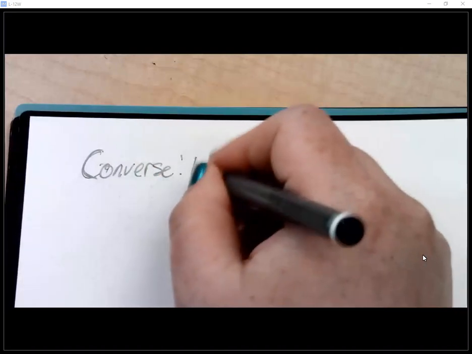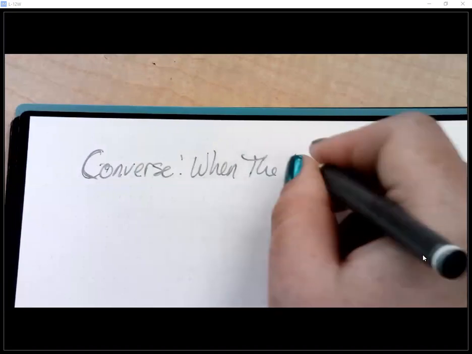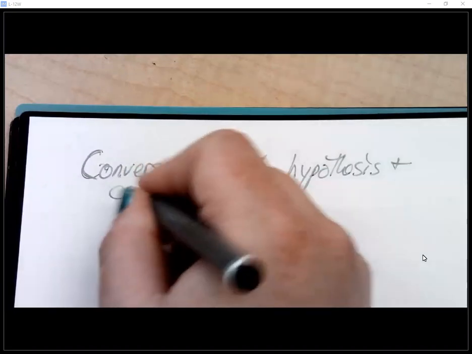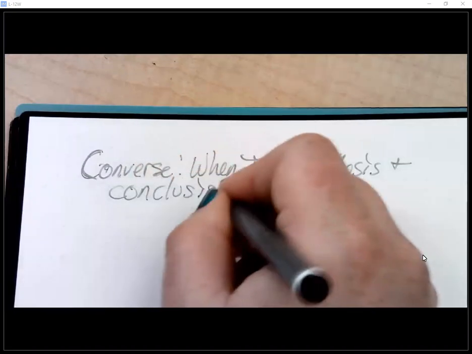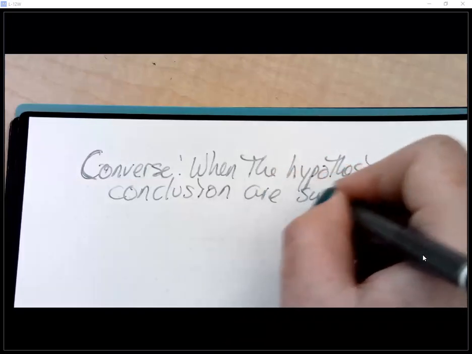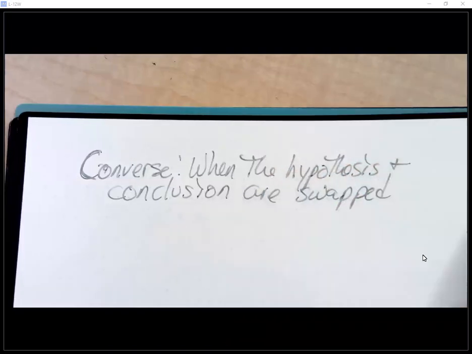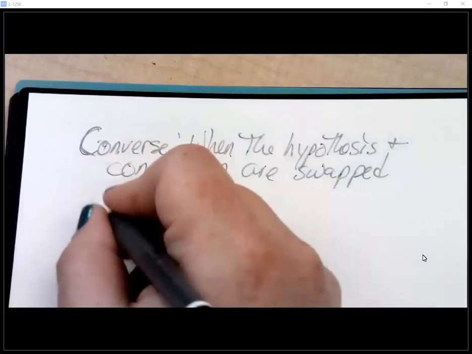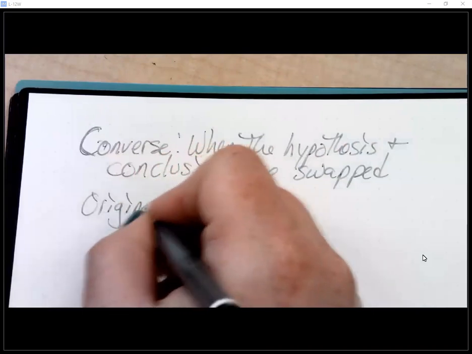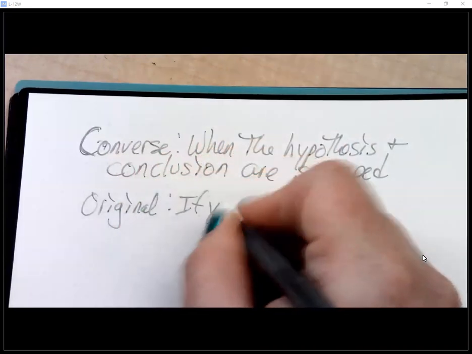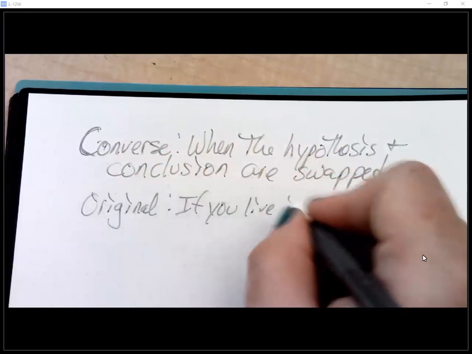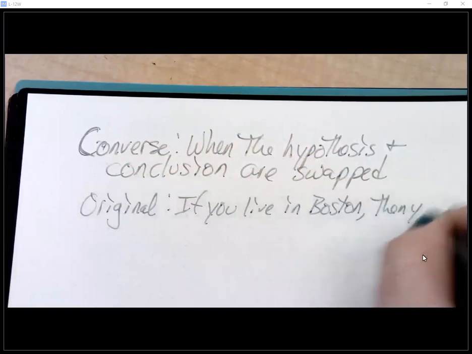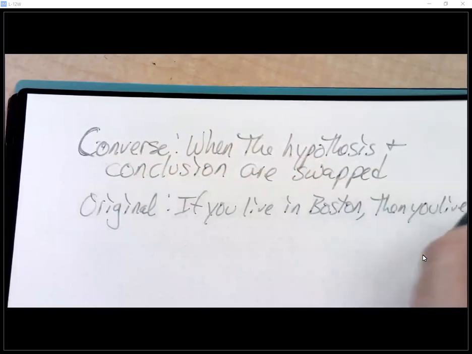The converse is when the hypothesis and conclusion are swapped. Let me give you the examples I just did. The original: if you live in Boston, then you live in Mass.